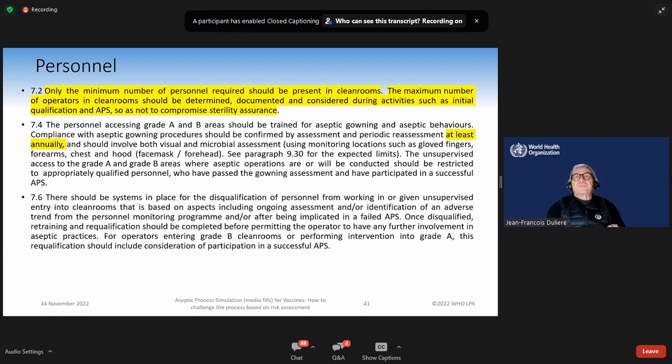This is really important that you consider and you design your aseptic process simulation incorporating all adverse events, all critical things you will have to do during this operation. Like that, the process will be covered by the worst case of this aseptic process simulation.